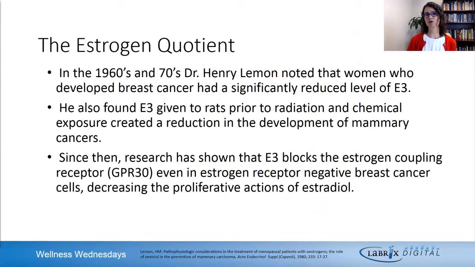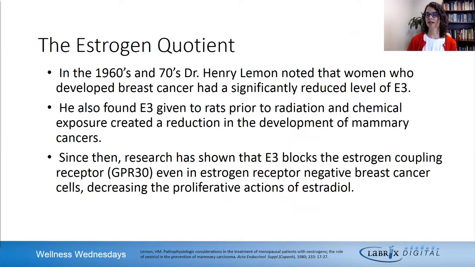The estrogen quotient is another tool that we use to evaluate a woman's hormonal status. It was developed in the 60s and 70s by Dr. Henry Lemon, who noticed that women who developed breast cancer had very low levels of estriol, or E3, the protective estrogen.